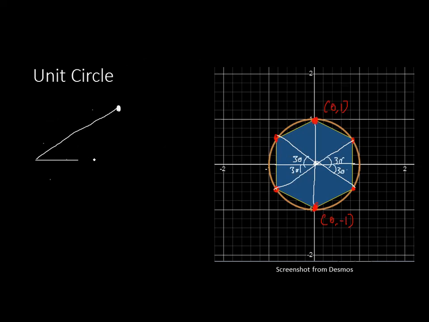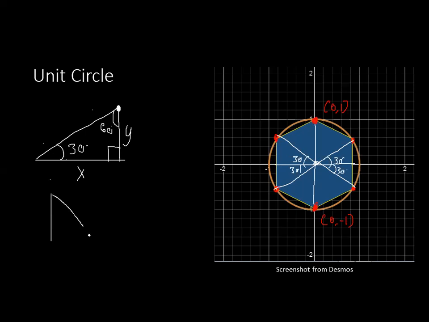So here, to define the coordinates, we will find the x and y coordinates, okay? And this is 30 degrees. And of course, this is 60 degrees and 90 degrees. So how to find, okay? So remember that if we have a 30, 60, 90 degree triangle, okay?